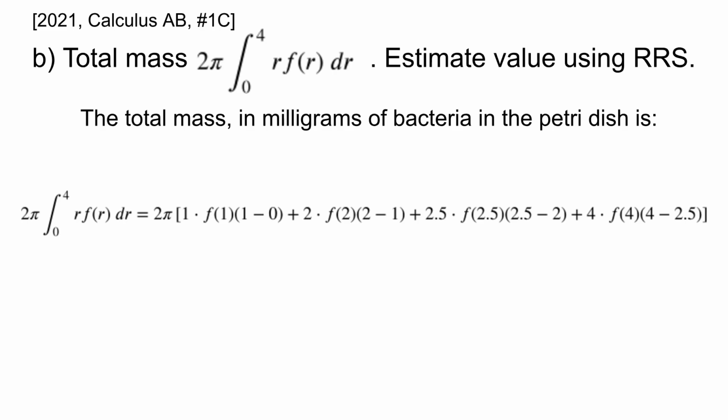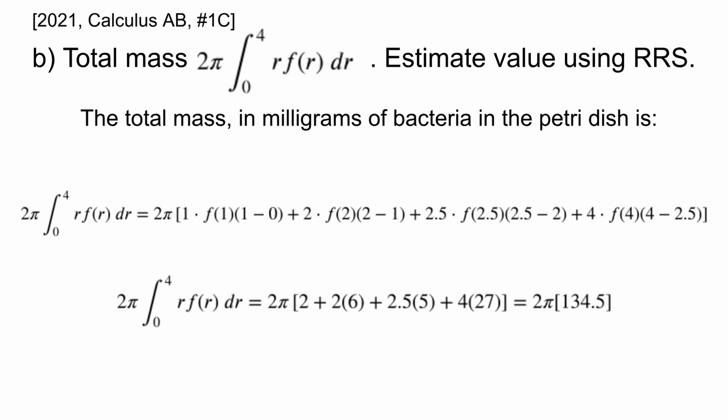be 2 pi times this huge group 1 times f of 1 times 1 minus 0 plus 2 times f of 2 times 2 minus 1 plus 2.5 times f of 2.5 times 2.5 minus 2 plus 4 times f of 4 times 4 minus 2.5.